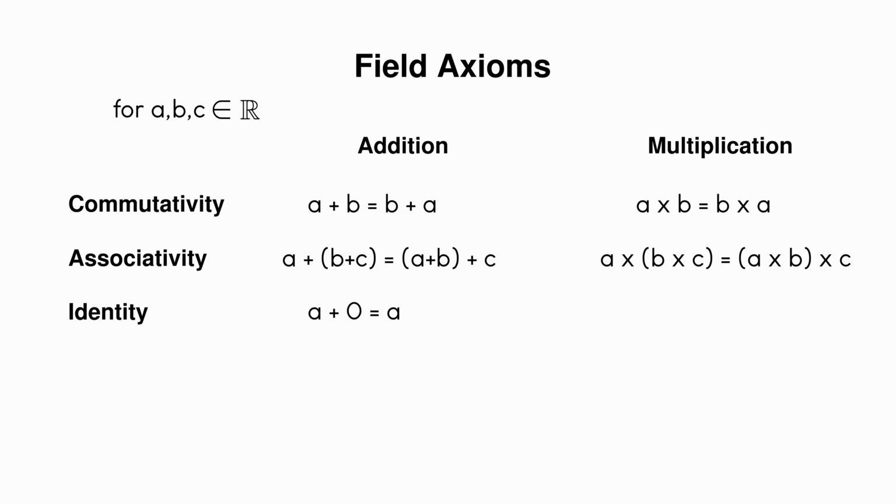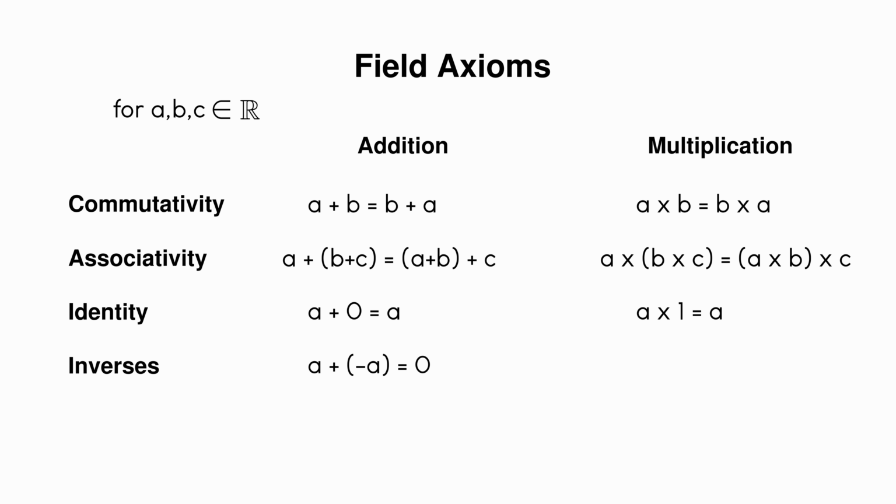Additive identity states that there is a real number 0 such that a + 0 = a for all a. Similarly, we have the multiplicative identity that says there is a real number 1 which is different from 0 such that a × 1 = a for all a, which seems quite intuitive.